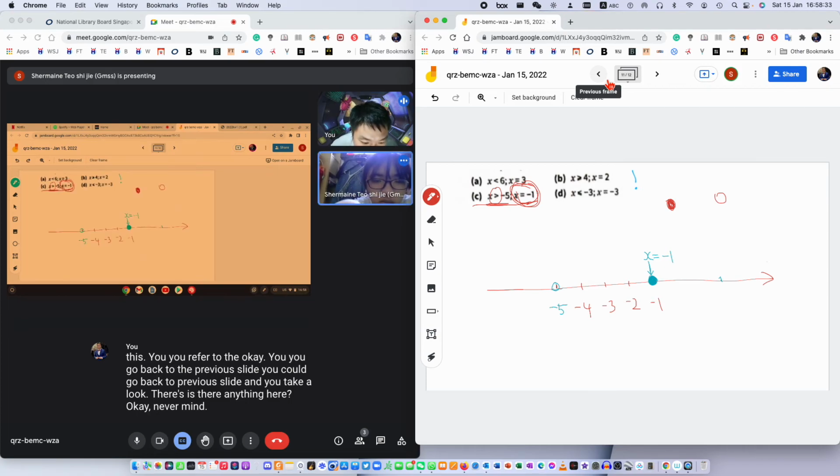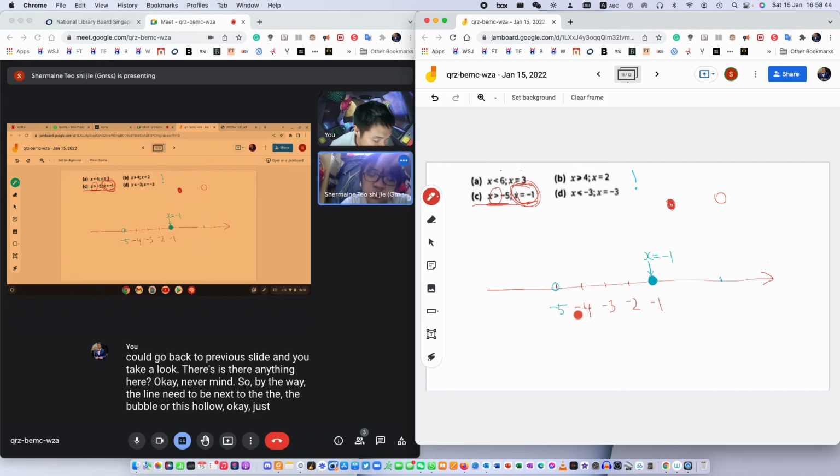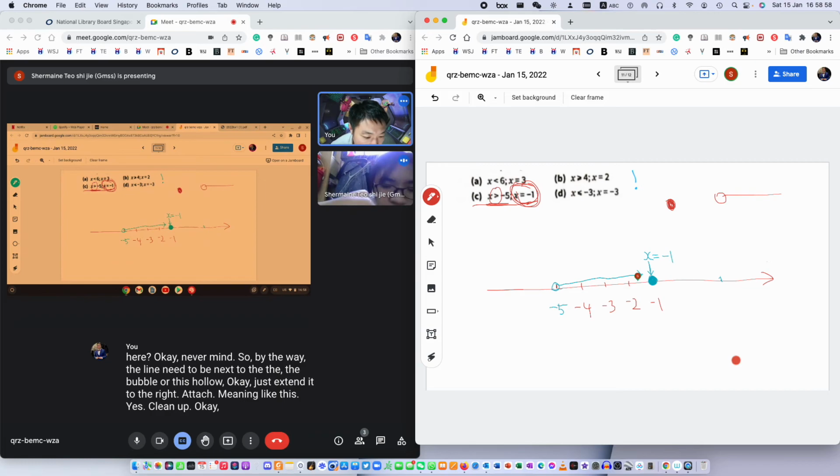By the way, the line needs to be next to the hollow bubble. Just extend it to the right. Attach, meaning like this. Yes, okay. It need not be so long, just long enough for people to understand.